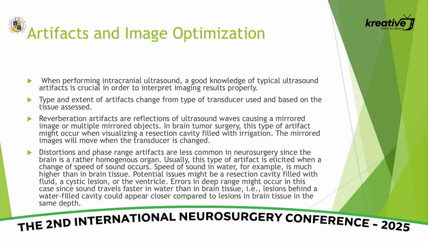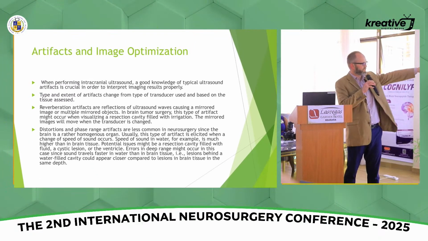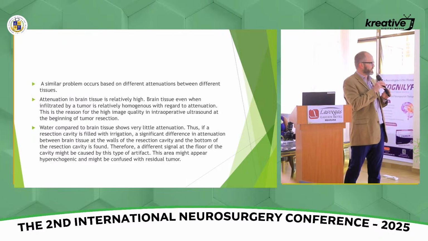So if you have different tissue densities, then you can lose signal behind those. Attenuation of brain tissue is relatively high, but the good news is it's relatively homogeneous even when you have a tumor with regard to attenuation.